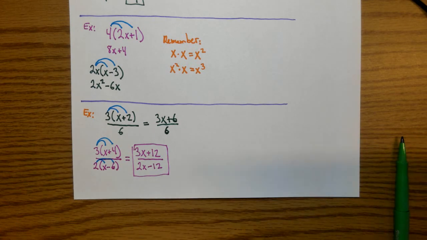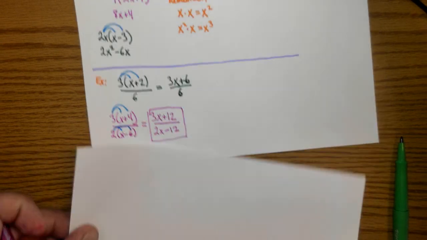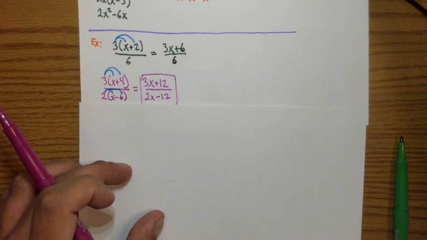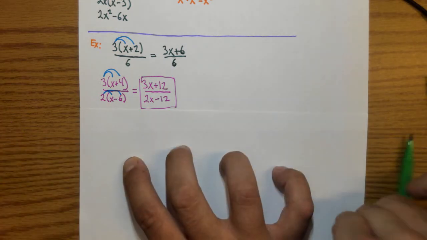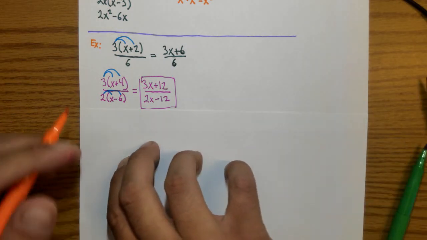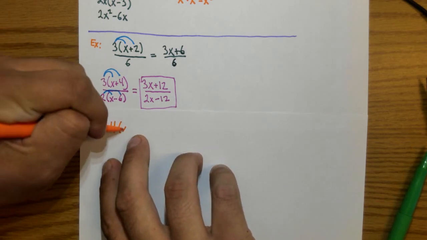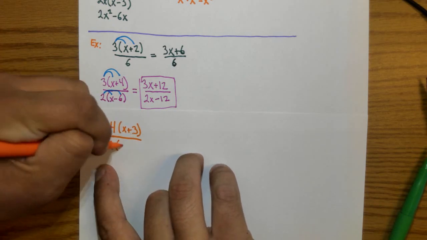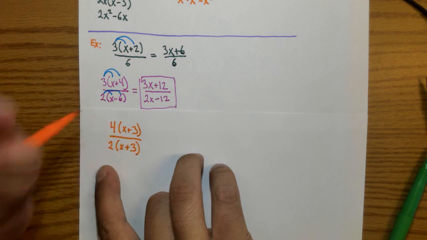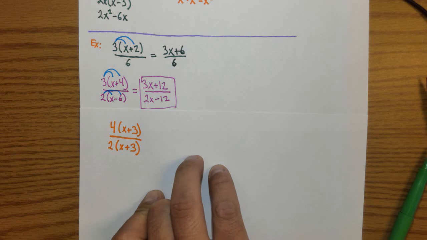Let's take a look at one last example to see something where we can cancel something out. And generally when we can cancel something out, we like that because it makes our math a lot easier to deal with. I'll change colors here. We'll go to orange. Say I have something like 4 times x plus 3 divided by 2 times x plus 3. Well, look, we see the x plus 3 on top and the x plus 3 on bottom.